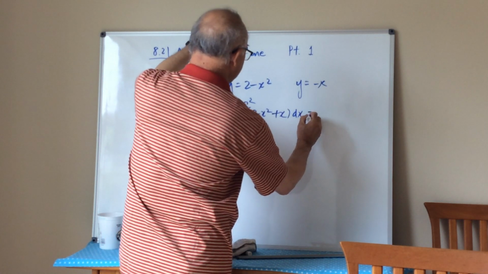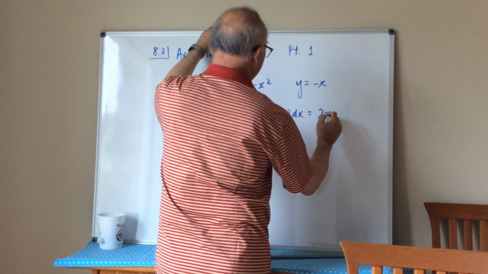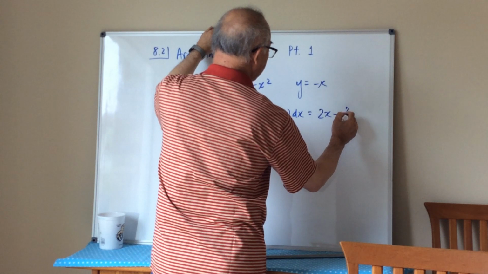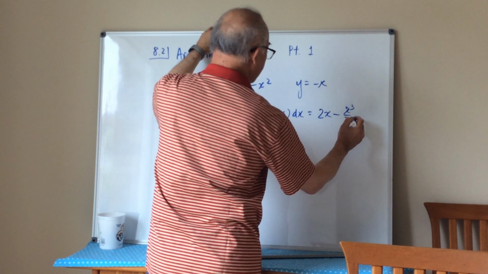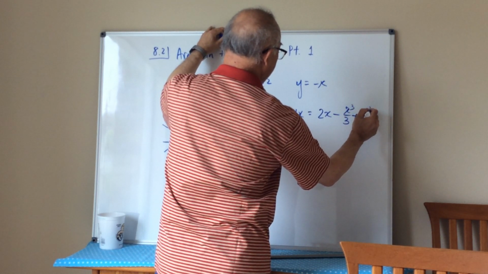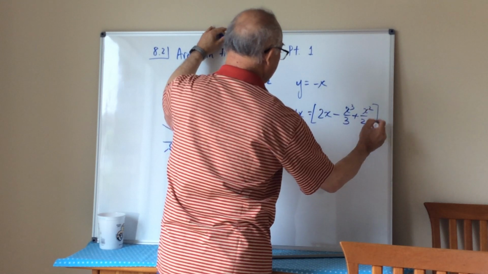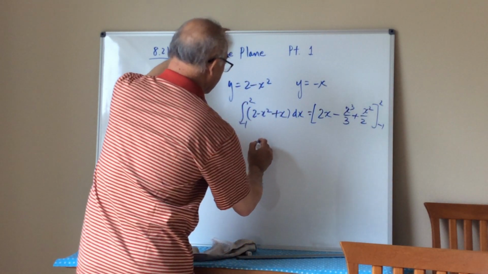Okay, so if I do this, what is the antiderivative here? I get 2x minus x cubed over 3 plus 1/2 x squared, evaluated at 2 and negative 1.